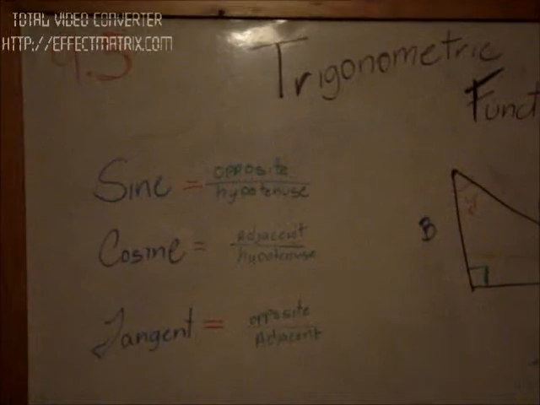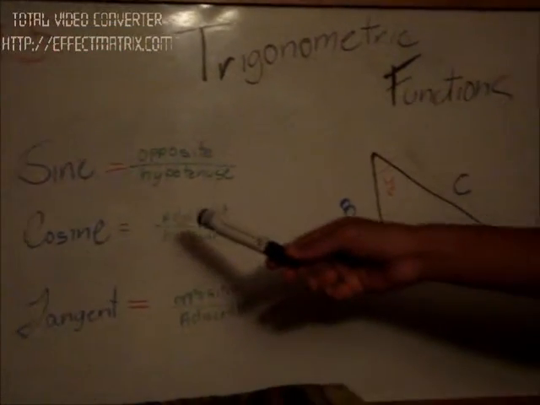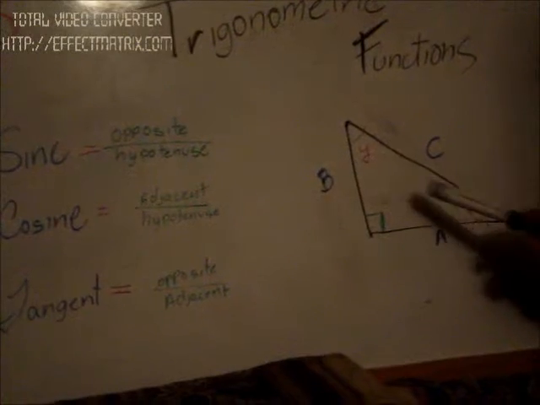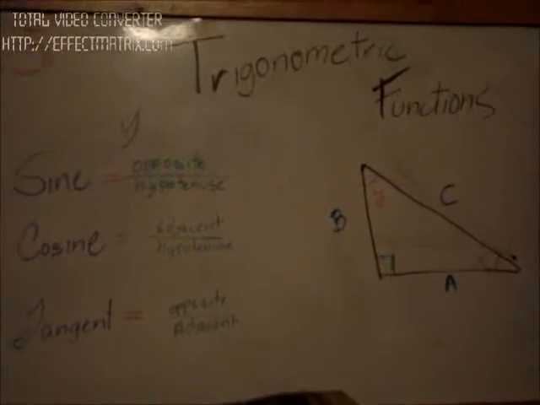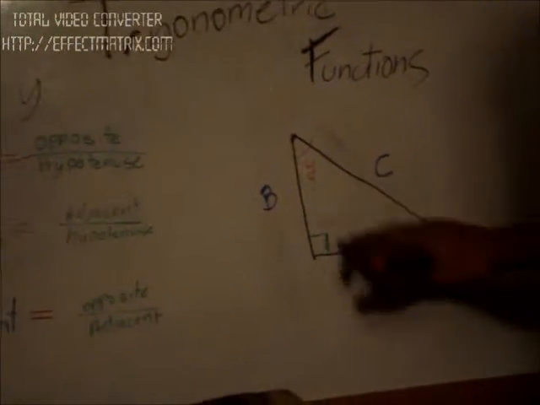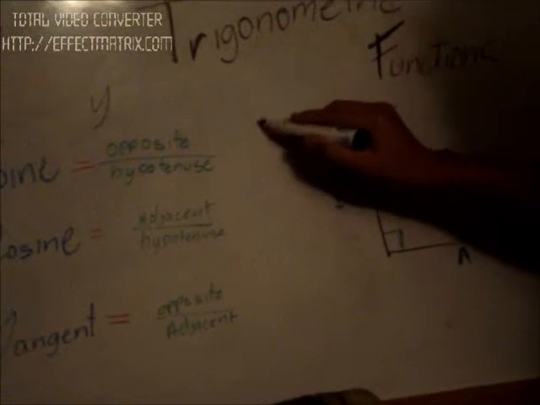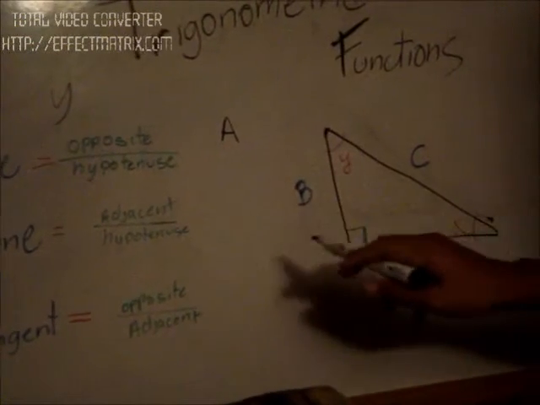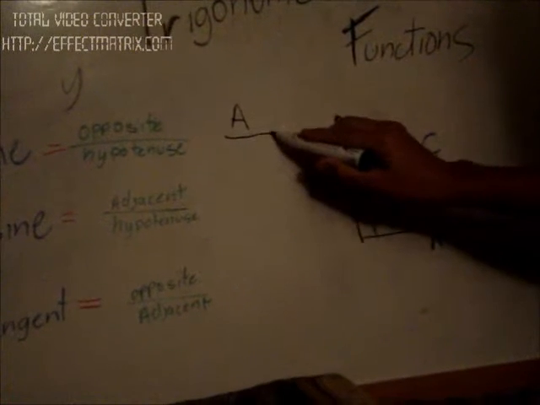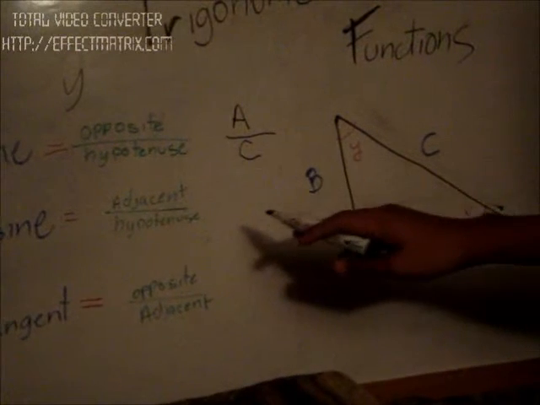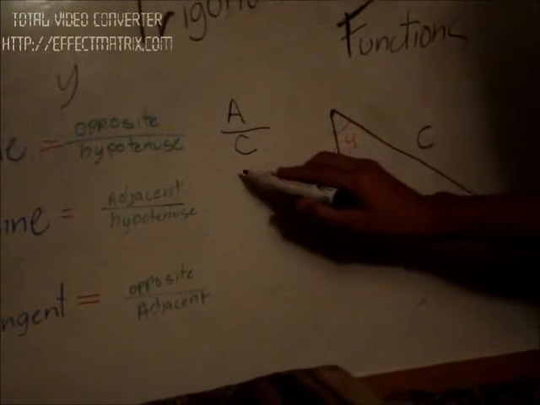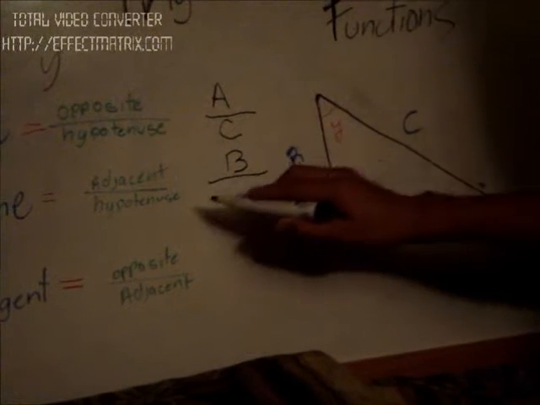As you can see, you can find the sine, cosine, and tangent of each of the angles except the right angle. Let's find the sine, cosine, and the tangent of Y. Sine is the opposite, so it's A, divided by the hypotenuse, that is C. The cosine is the adjacent side, that is B, over the hypotenuse.